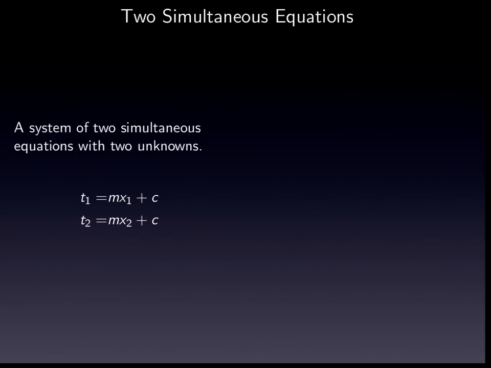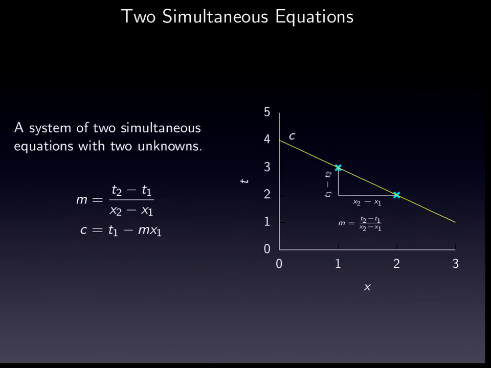If you've got data which is x1 and x2, the inputs, and you've got targets t1 and t2, you have two equations here. You know t1, t2, x1, x2, you don't know m and c. So you can solve for those unknowns, and we talked about that in the first lecture. The solution is that m is the gradient, and c is the offset going through the y-axis.